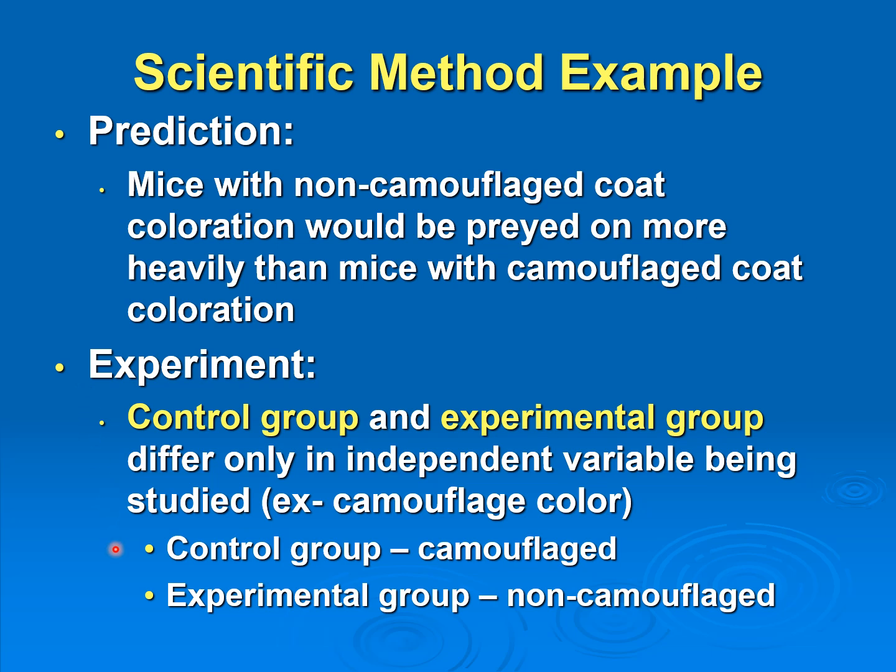So the control group, we're going to leave camouflaged. That's their normal way that they are. But the experimental group, we're going to change that independent variable. Okay, so the independent variable is what the researcher's going to manipulate, and we're going to change the coat color and make them so they're not camouflaged. Okay, so they will stand out.